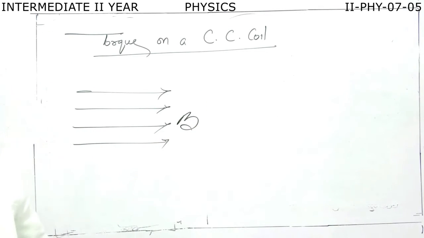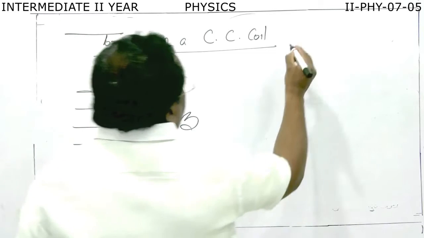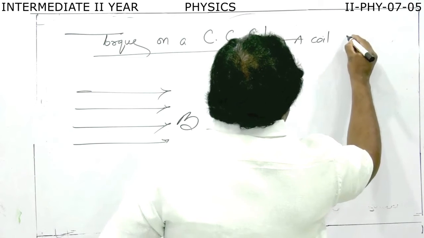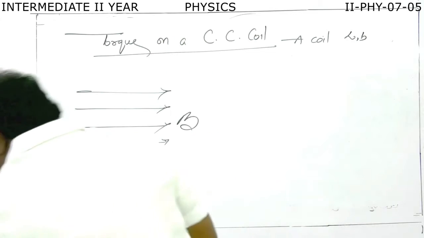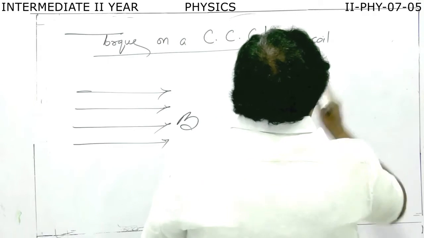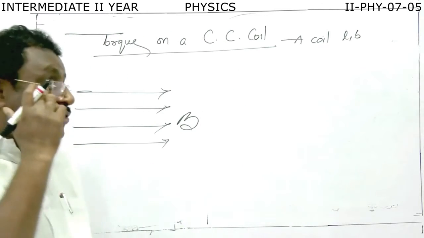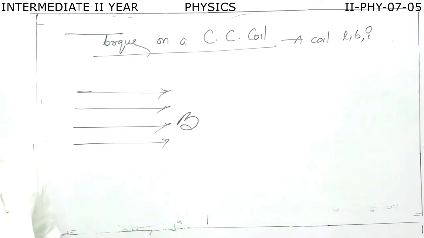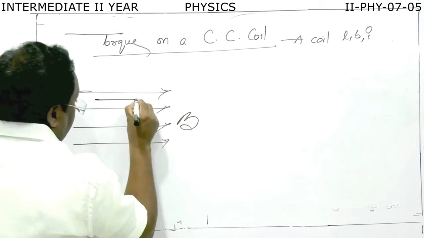In this magnetic field, let us consider a coil of length L, breadth B. The current in the coil is I. Now the coil is placed in this uniform magnetic field like this.